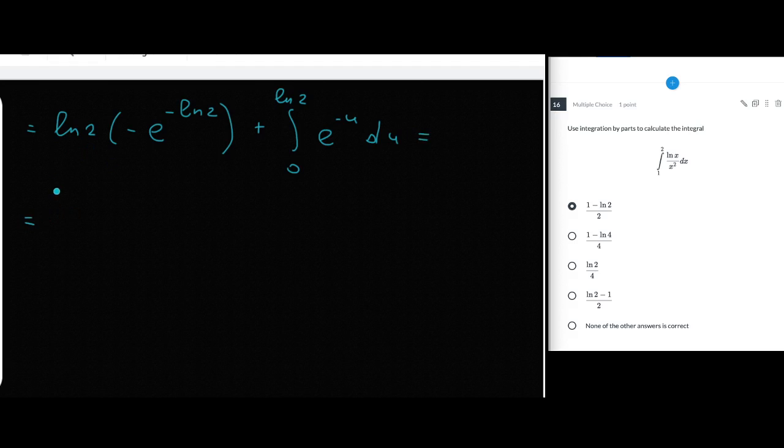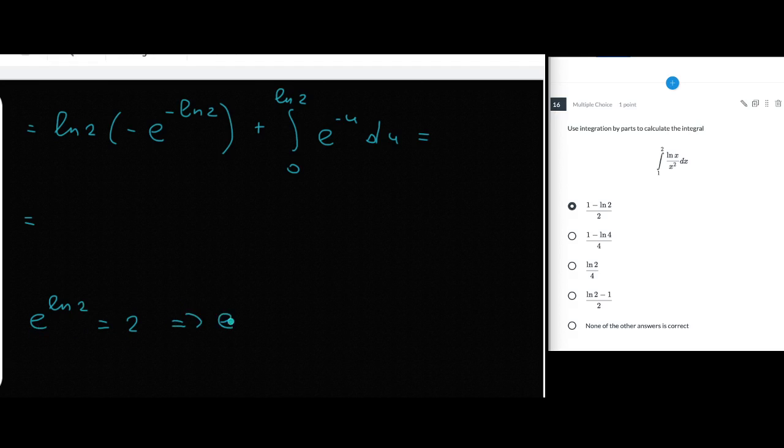We can simplify the first term here. Note that e to the power logarithm of 2 is just 2. This is the definition of natural log of 2. Natural logarithm of 2 is the exponent of the power of e which is equal to 2.